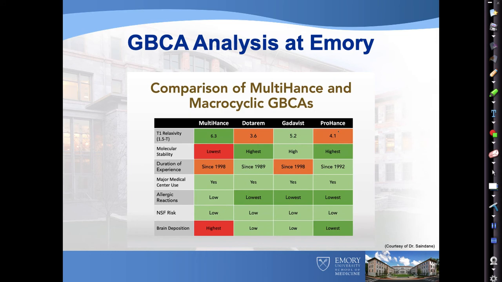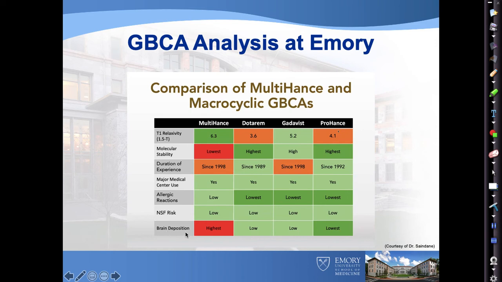Emory did a SWOT analysis to decide which contrast agent is going to be their frontline agent. So in the past, Emory used Multihance because of its very high T1 relaxivity, but unfortunately it didn't have very high molecular stability.